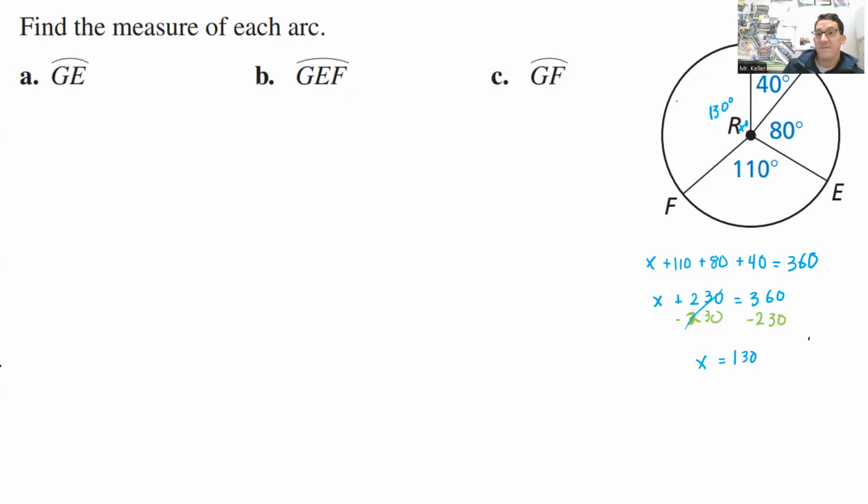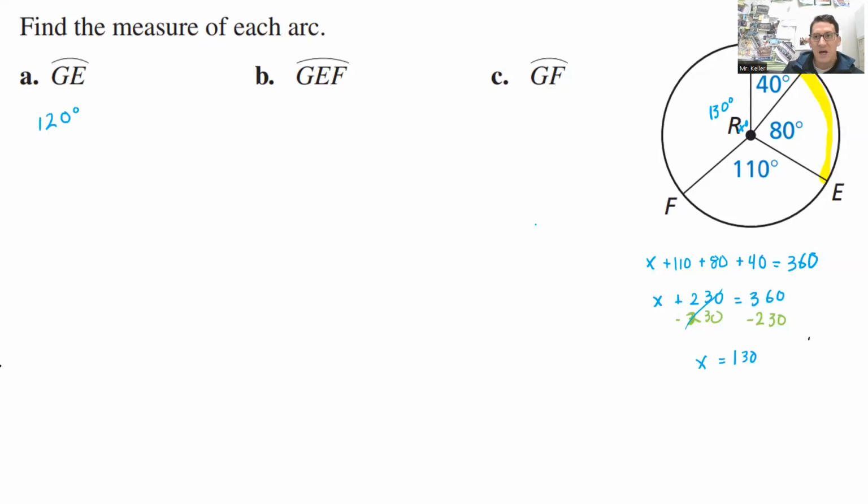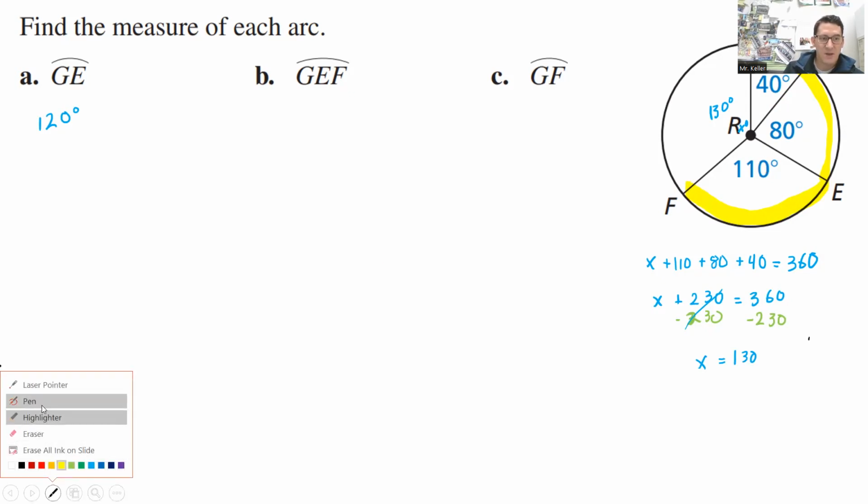And then find the arc measures. So some quick highlighting. So G to E, make sure you're going the shortest distance here. That is a minor arc. That is 120 degrees. G to E to F. Oh, that's nice. We don't need to erase anything. We just continue from E to F there. So that's going to be 40 plus 80 is 120, plus 110 is 330.